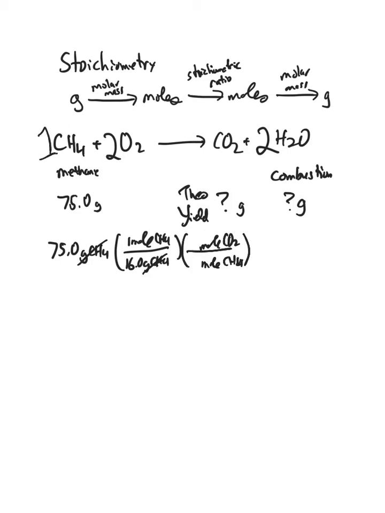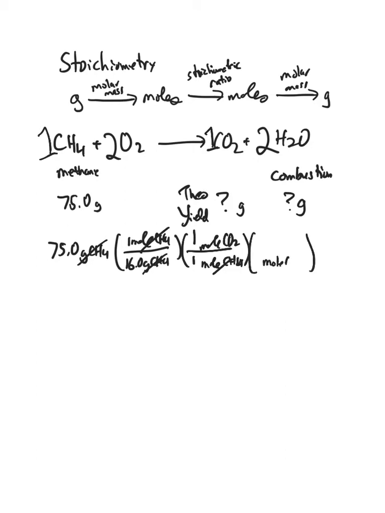It turns out it's 1 to 1. Seems like that's not a necessary step, but it's important to get in this habit of doing this process of grams to moles, moles to moles to grams. And from an algebraic standpoint, we will make sure our units come out right in the end. So mole CH4 divided by mole CH4 cancels.